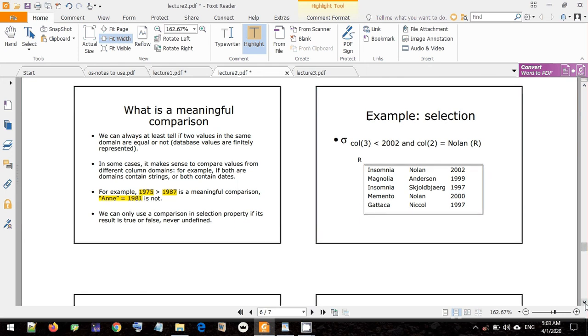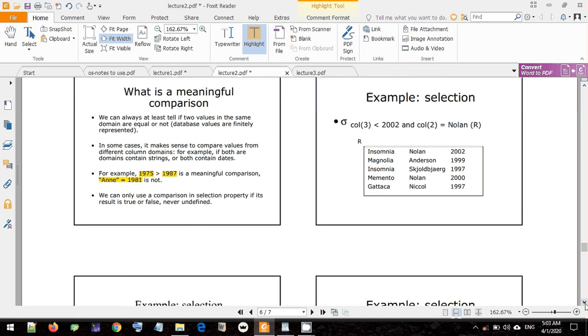Now, an example of a selection. The reason why we're talking about comparison and selection is because we are going to use commands that combine the two together. Now, look at this example. Select column 3 less than 2002 and column 2 equal to null. So we come to column 3.